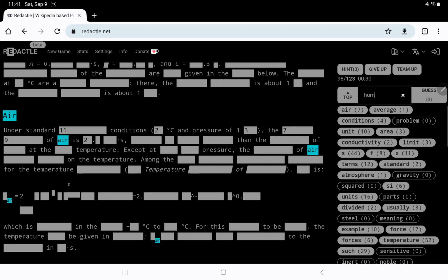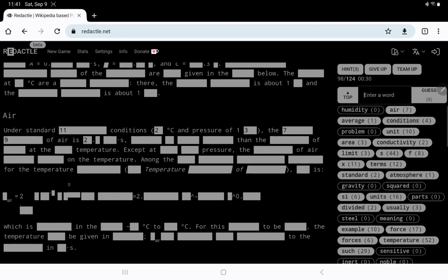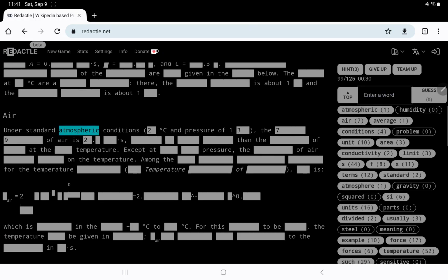Could it be something to do with humidity? No. What has air got under standard atmospheric conditions? Yeah.